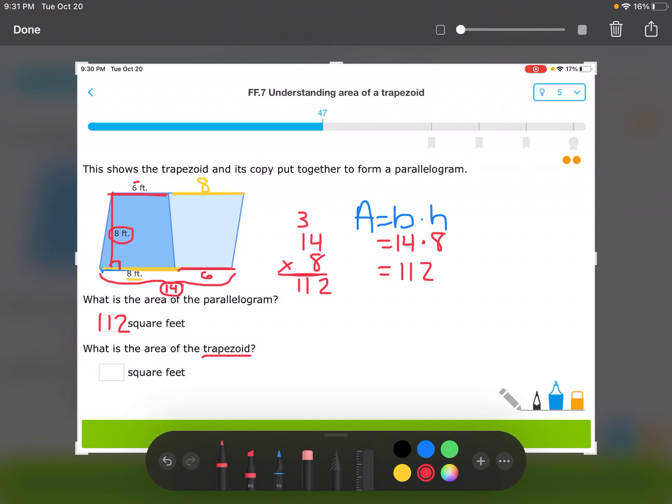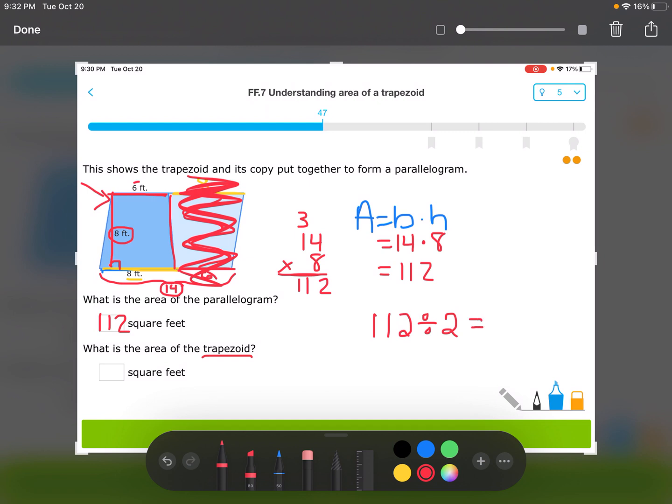Now the next question is asking for just the original trapezoid. So if we think about it, we just want the original dark blue shape. We don't want this part, the part that got copied and flipped upside down. So because it's a copy, we need to split the parallelogram into 2 equal parts.